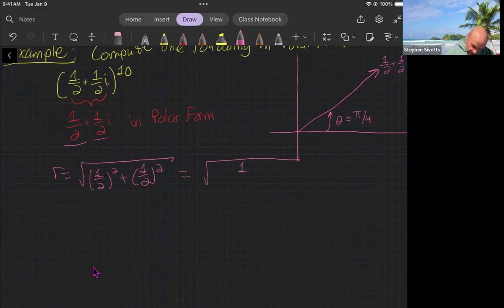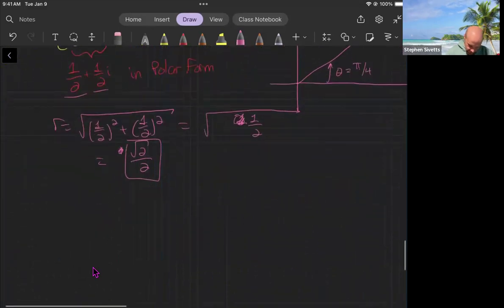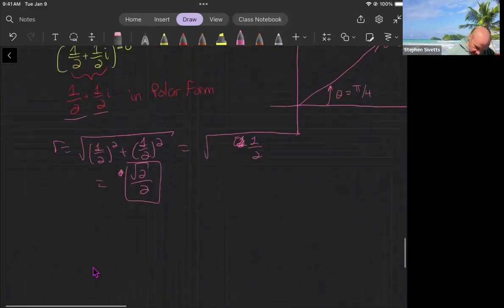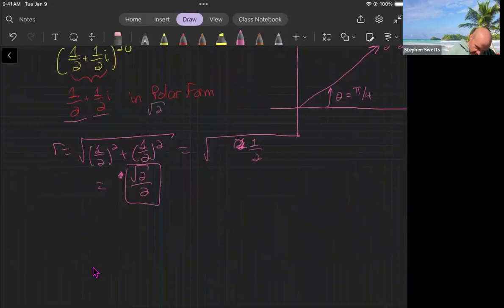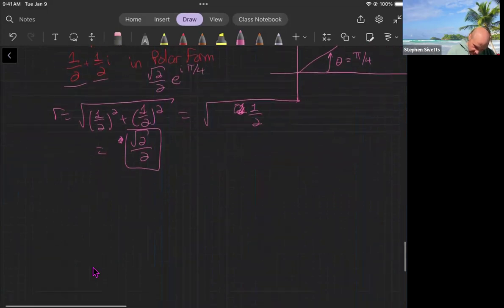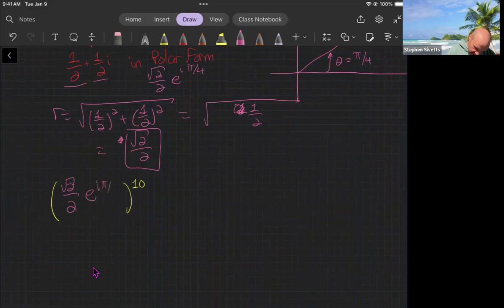So you'll have the square root of 1/2, right? So root 2/2 is the radius. Okay, so in polar form, this is root 2/2 e to the I pi over 4, right? And so we can replace that inside the parentheses, right?